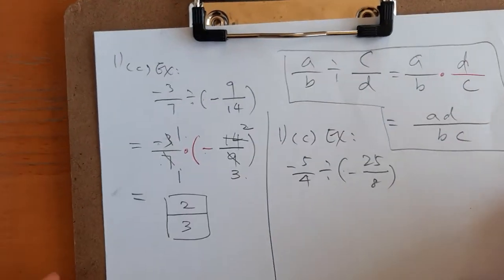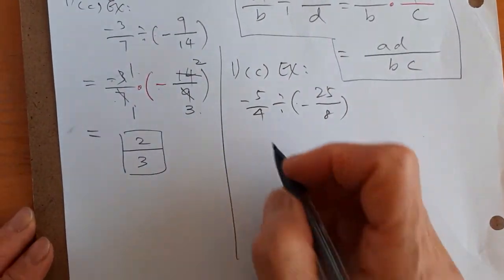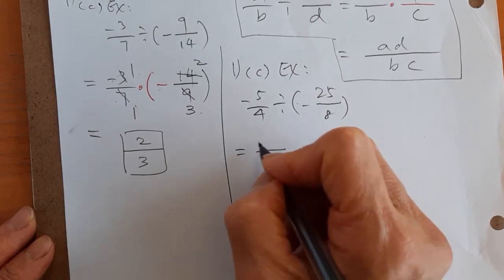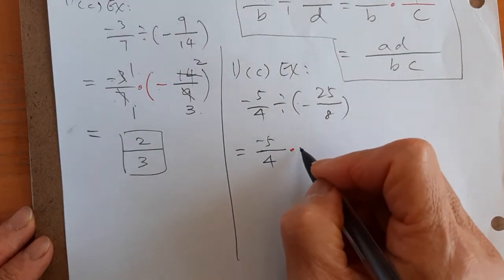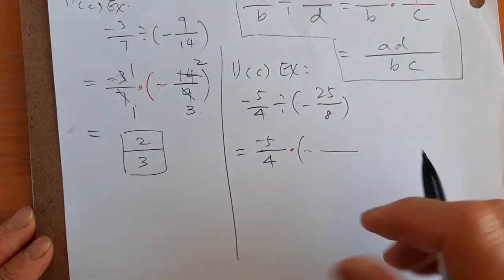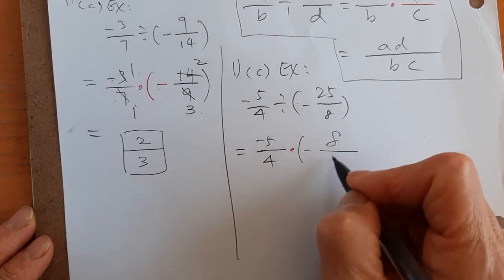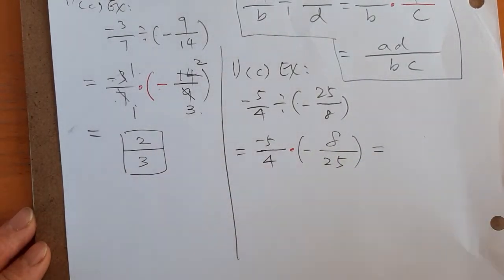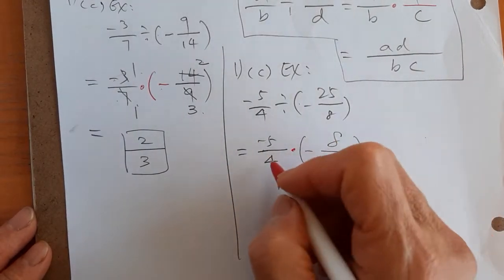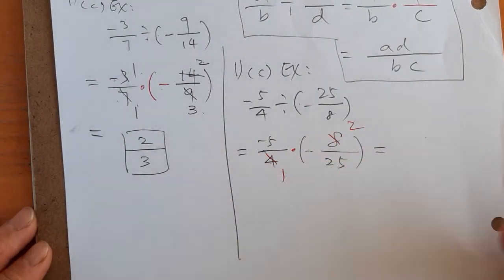So we do division. Also negative 5 over 4. First of all, division changes to multiplication, and the second fraction, you reciprocal, becomes negative 8 over 25. Then you cancel common factor, like 8 divided by 4, get 2.